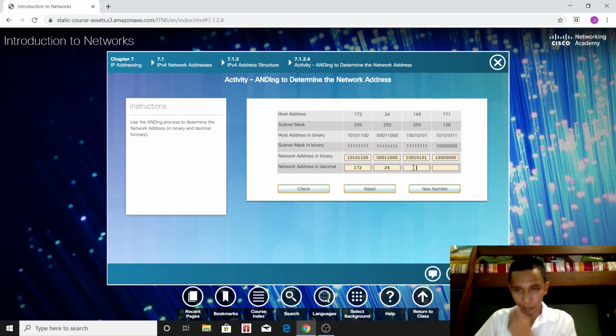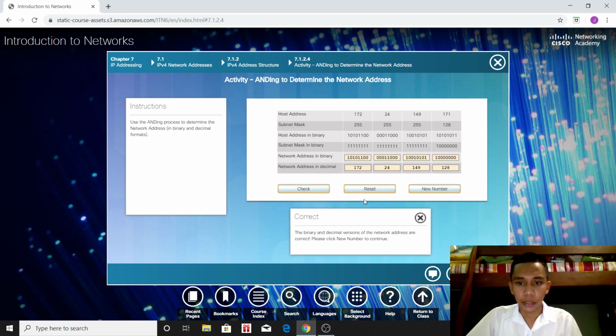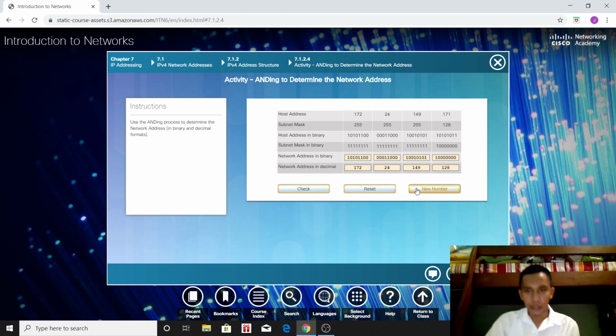Then 128 plus 16 is 149, then this is 128. Let's check. So correct. Let's try another one.